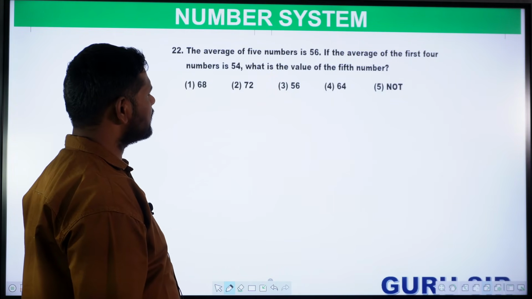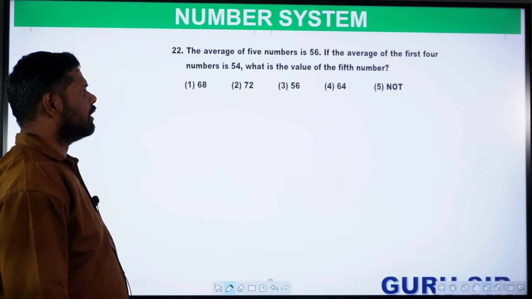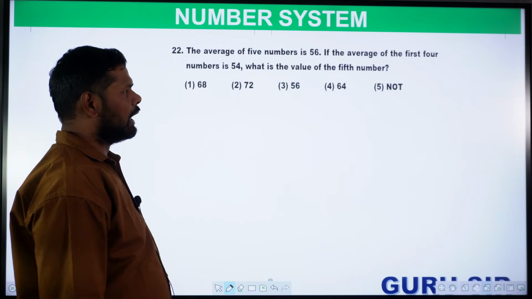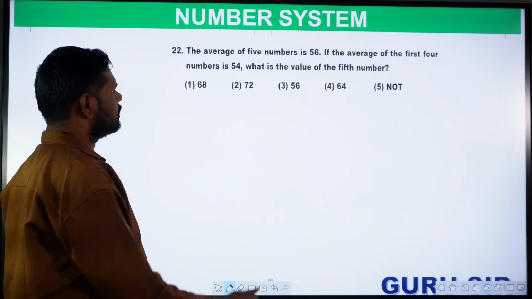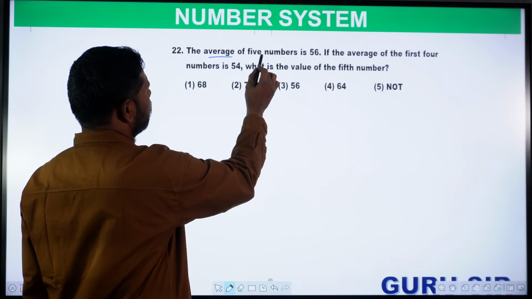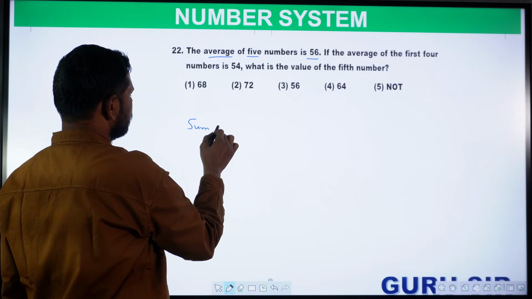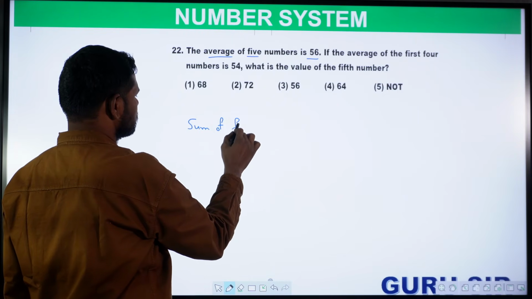Next, the average of 5 numbers is 56. If the average of first 4 numbers is 54, what is the value of fifth number? Right, you know, average is nothing but sum of all numbers by total numbers. So average of 5 numbers is given as 56, means sum of 5 numbers is how much?